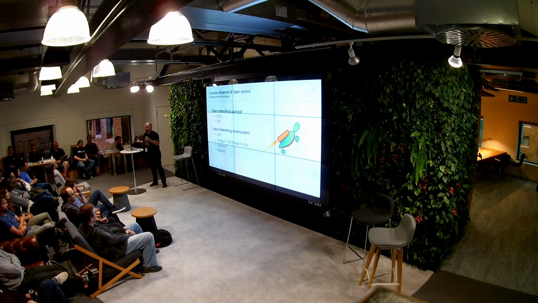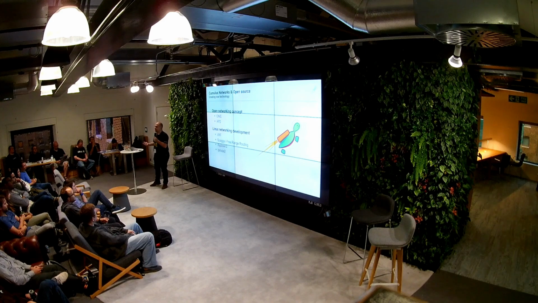Now, basically everything that we develop is being open sourced. If you ever buy a white box switch, it comes with a bootloader called ONIE, the Open Network Install Environment, and it allows you to install Cumulus or another operating system if you prefer that. But also the Linux networking development itself.